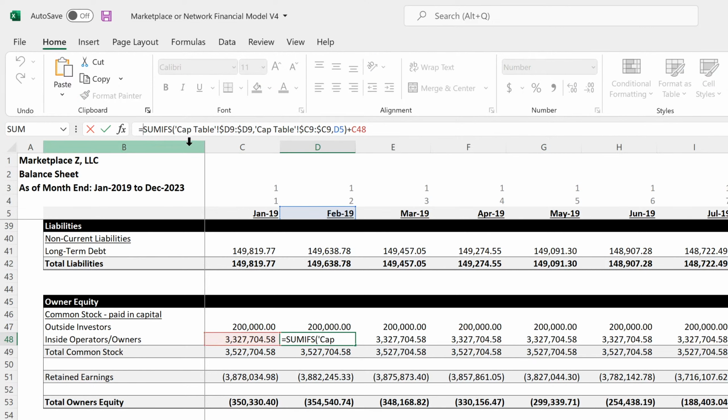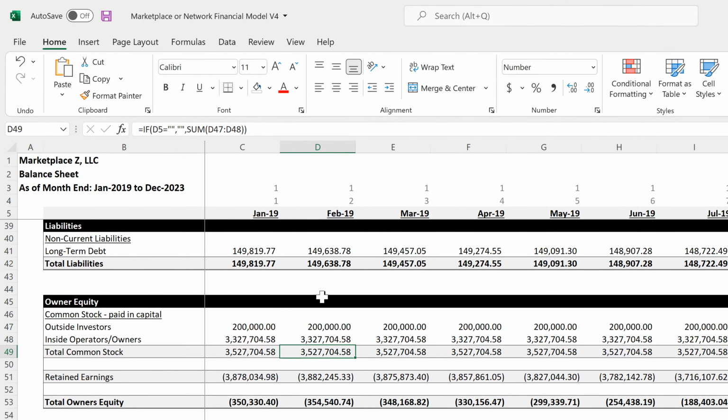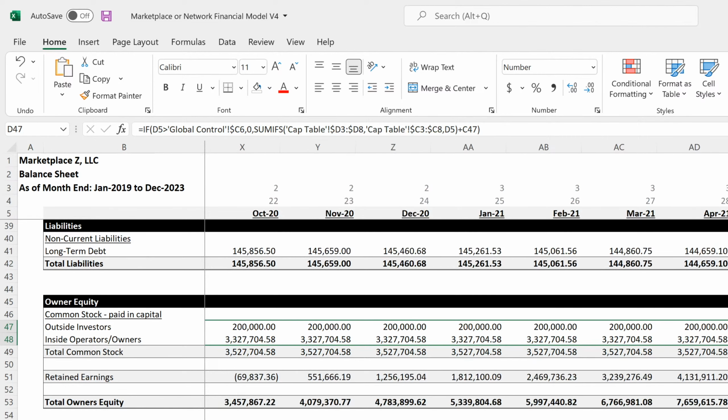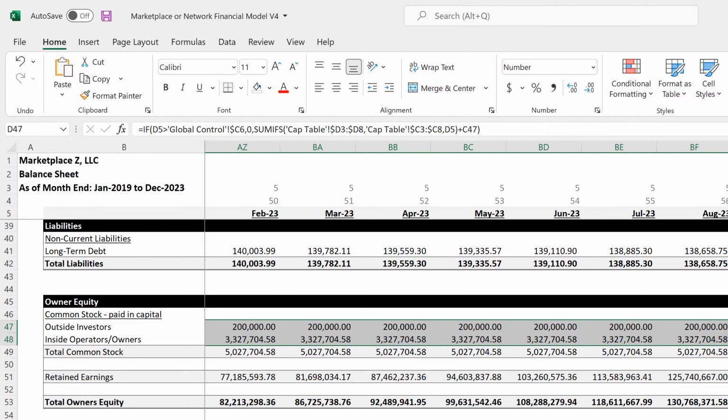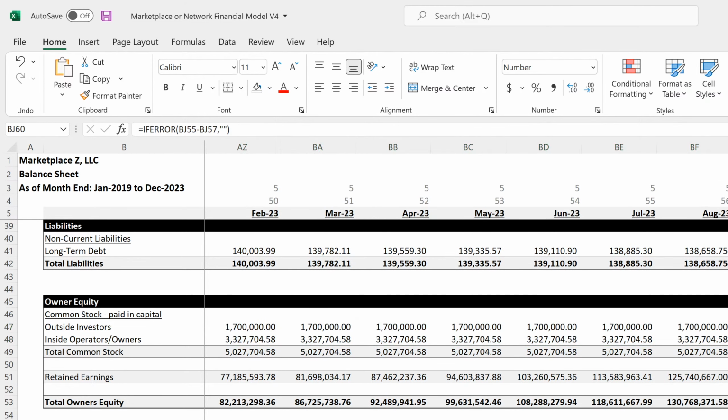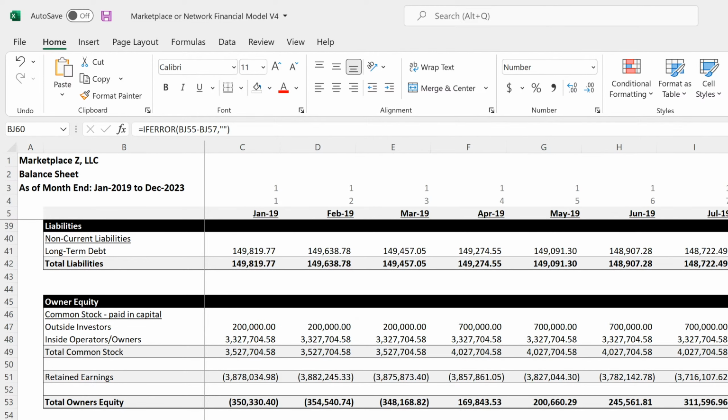Put that on here as well. Now we can drag this all the way across. And hey, look at that. We have a 0 checksum. Assets equal liabilities plus owner's equity.